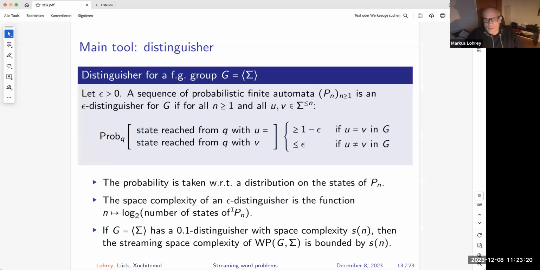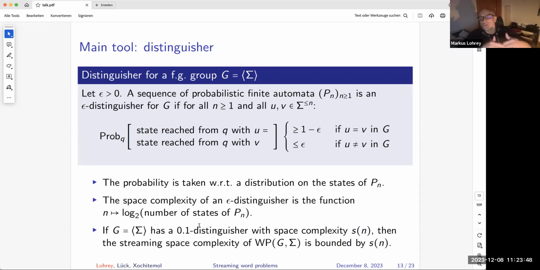Now a simple observation is that if you have a finitely generated group which has a 0.1 distinguisher with space complexity S of n, this is the function which measures the space, and our constant epsilon here we set to 0.1, then the streaming space complexity of the word problem is also bounded by S of n.